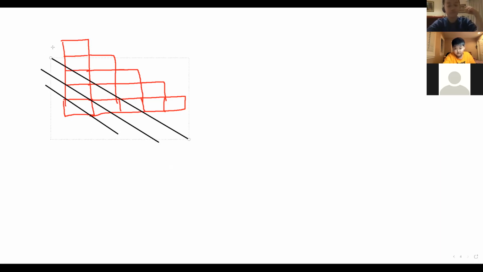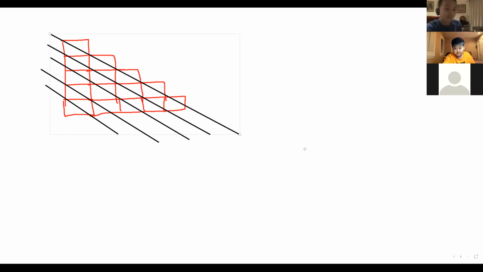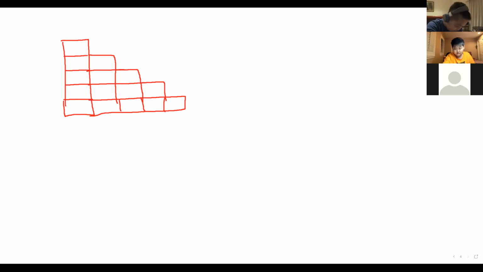There's 3 blocks, 4 blocks, 5 blocks. So if you look at diagonals, it might be better if I colored them in a little bit. So if I use this color, this is the first row that I look at.